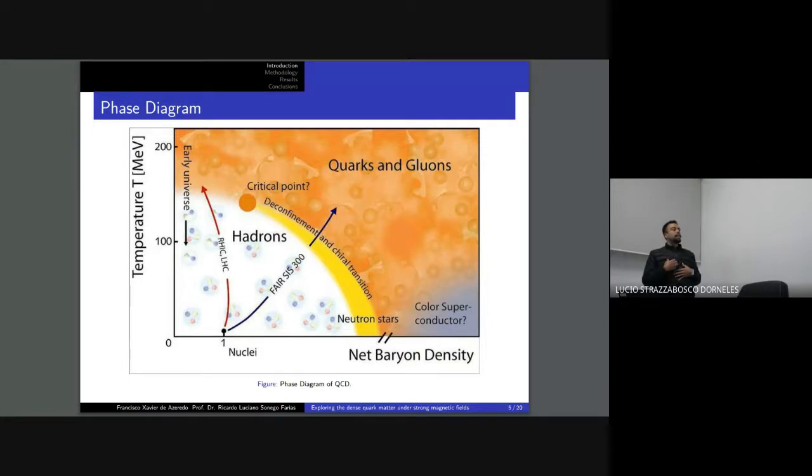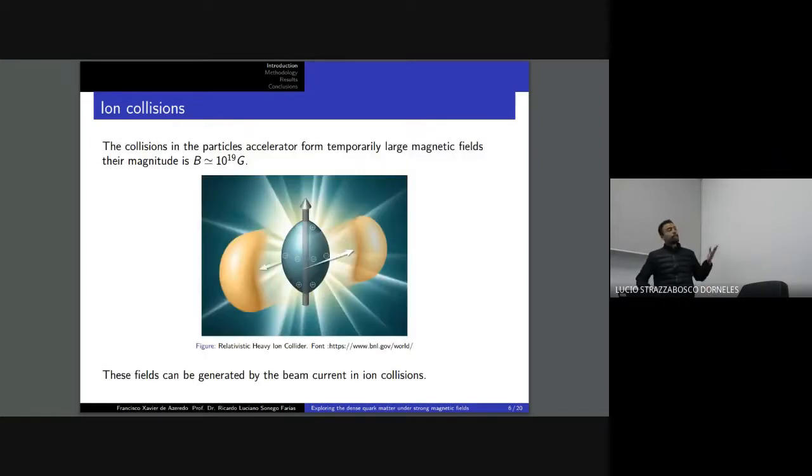My interest in this graph is to study the low temperature and high density region, and also to try to understand the effect of an external magnetic field in this graph. Large magnetic fields are created in particle accelerators, and their value is approximately 10 to the power of 19 Gauss.